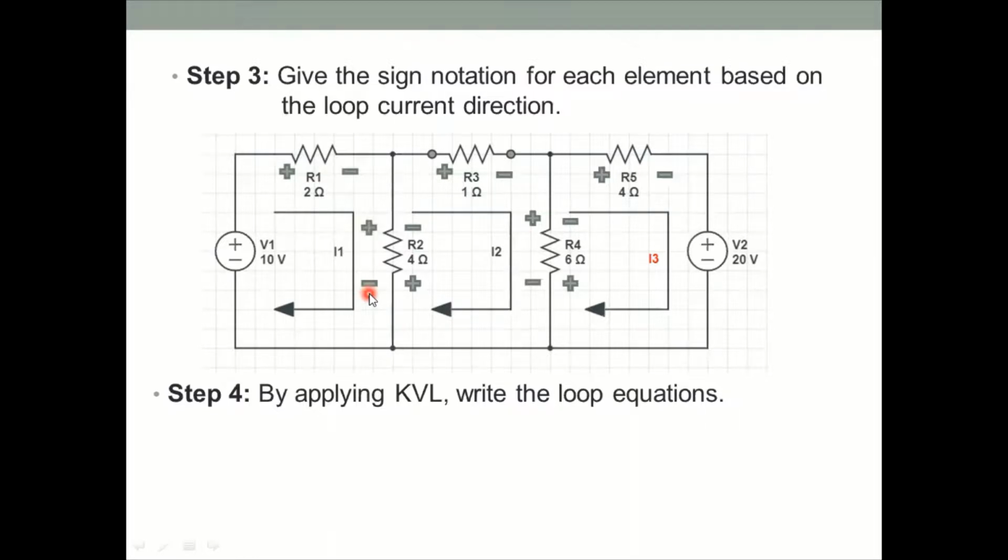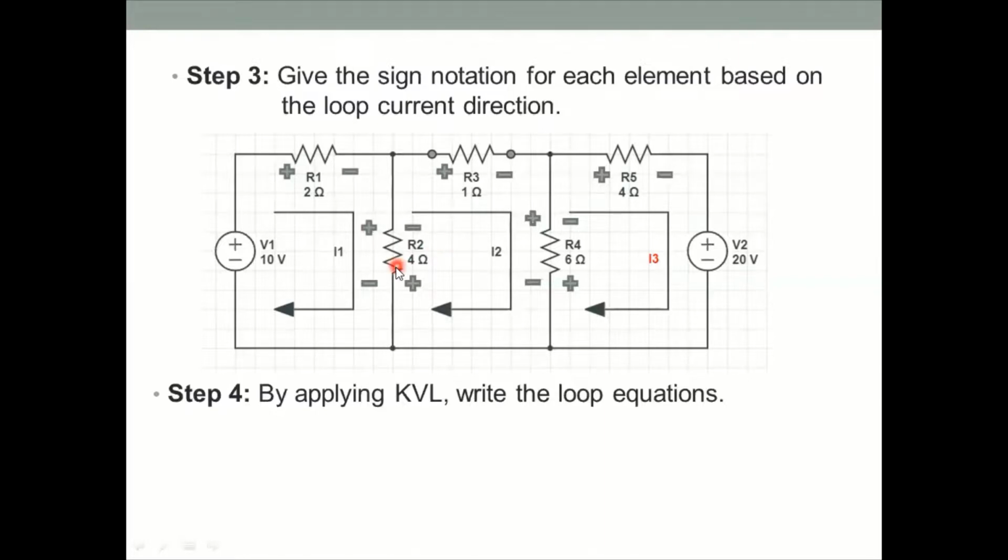But for writing the drop across this R2 resistor, we can say that two currents are flowing through it. I1 is flowing in this direction, whereas I2 is flowing in the opposite direction.